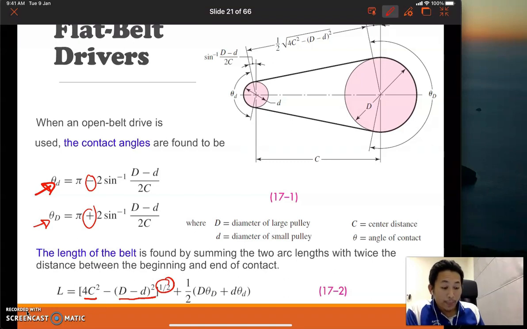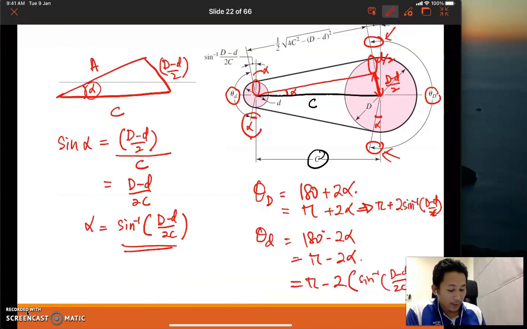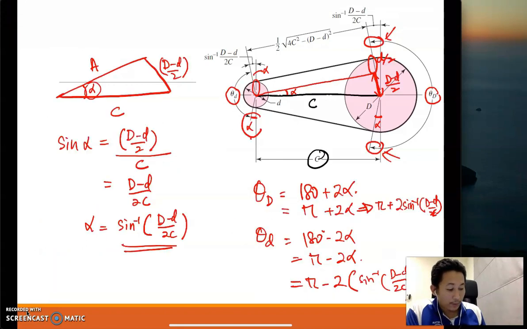Okay, so this is A, while we have another d theta d for this one and d theta d for this one. That is our length of the belt.